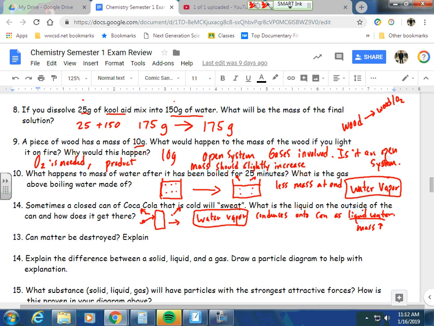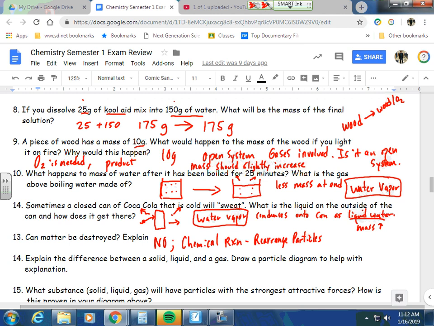So can matter be destroyed? No. We just went over that in a bunch of questions. Matter cannot be destroyed. It can't just appear from nowhere either. What we can do during chemical reactions, which I abbreviate RXN, is rearrange particles, kind of like Lego blocks.